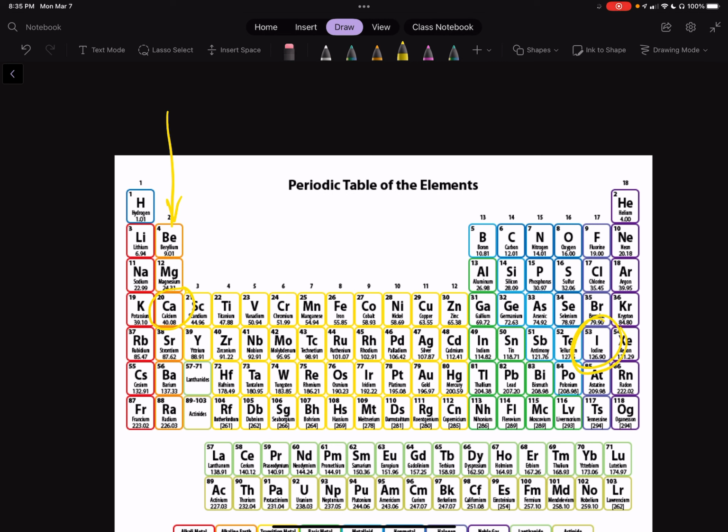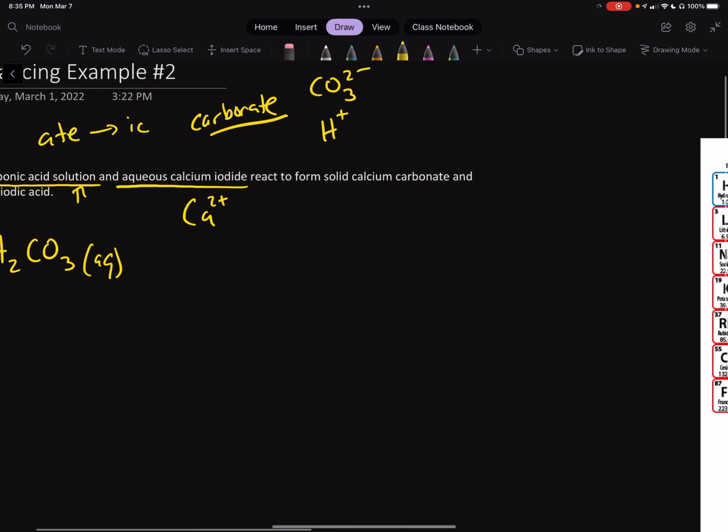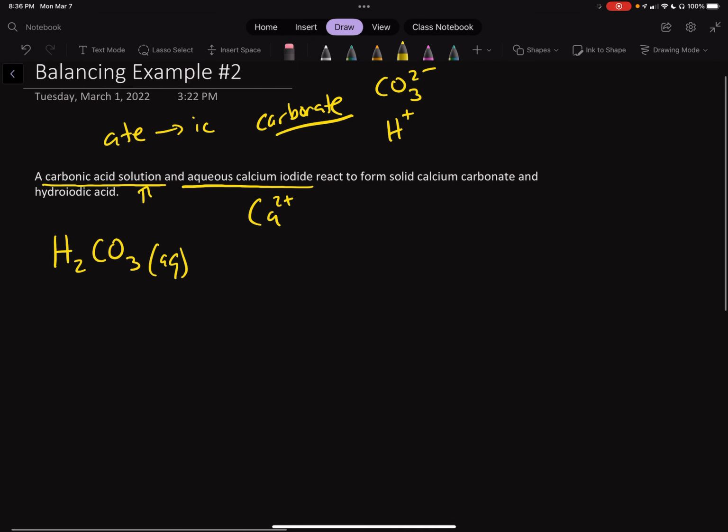So iodine being a halogen, just 1 valence electron away from a complete outer shell, it wants just 1 electron, so it's going to have a charge of 1- when it's an ion. So then, to form a neutral compound, you want to think to yourself, how many iodine am I going to need to balance with 1 calcium to make a neutral compound? We're going to need 2 of them, so calcium iodide, CaI2. And it does say aqueous right there, so we'll go ahead and label it aqueous for the physical state.